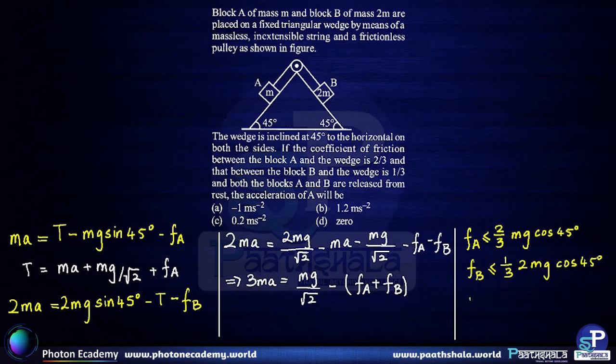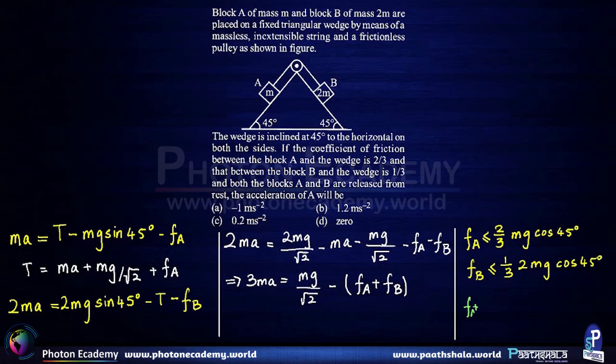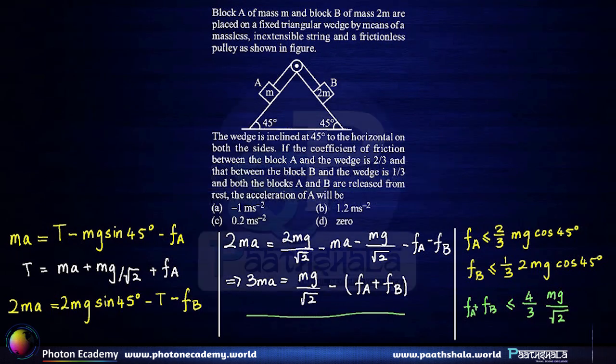Therefore, the sum of these two forces, Fa plus Fb, would be less than or equal to 4/3 times mg/√2. In this equation, we can see that Fa plus Fb can have a larger magnitude than this term, mg/√2.